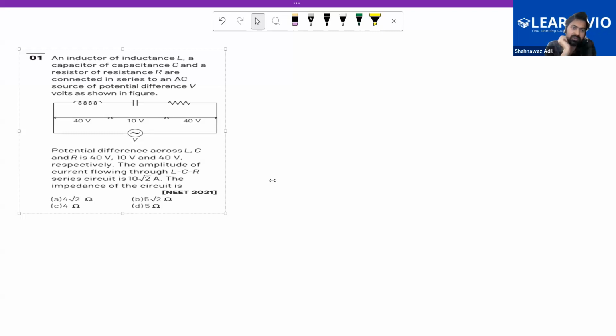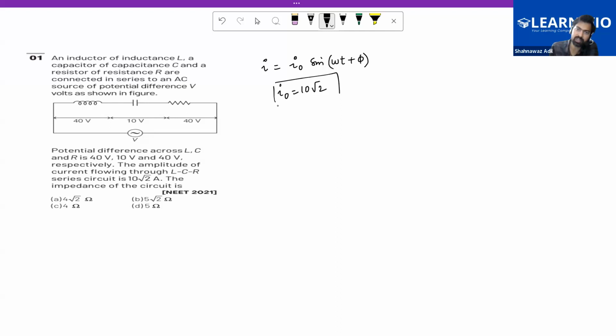The impedance of the circuit is how much? So I naught is given, right? Amplitude of the current, I naught sine omega t plus phi. How much is this? That is 10 root 2. This is the amplitude of the current. Now we have to find out the impedance.